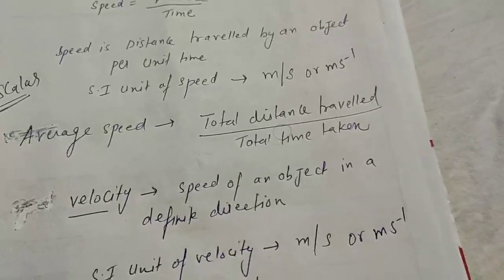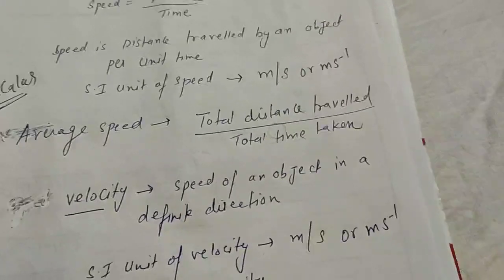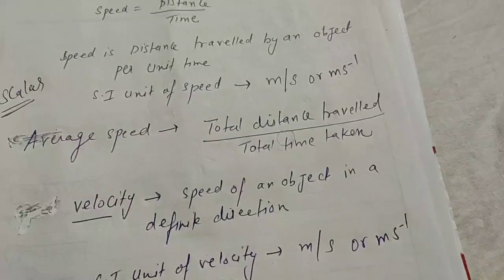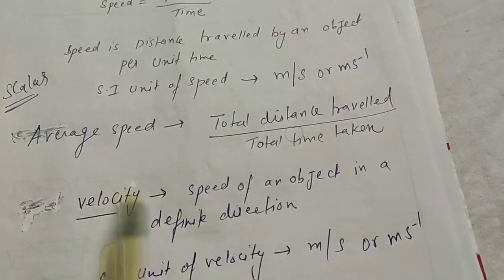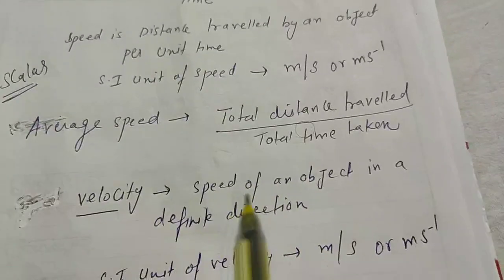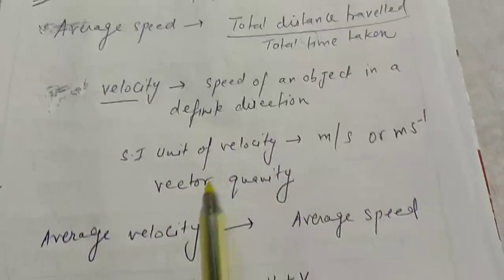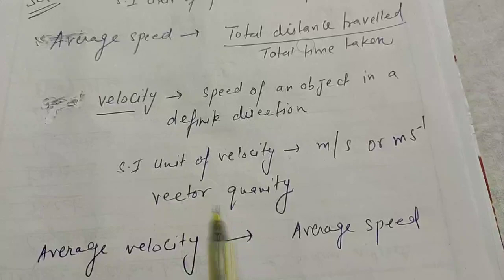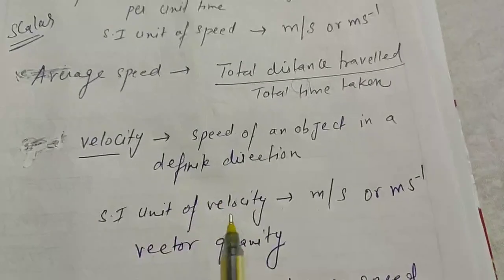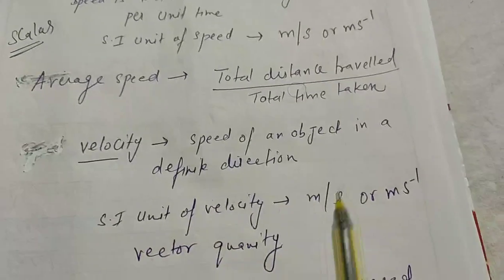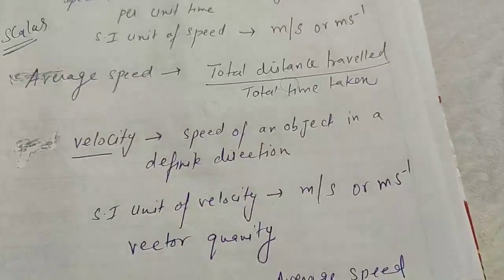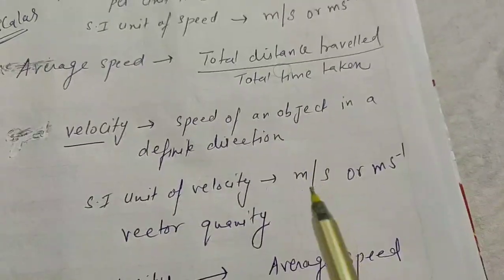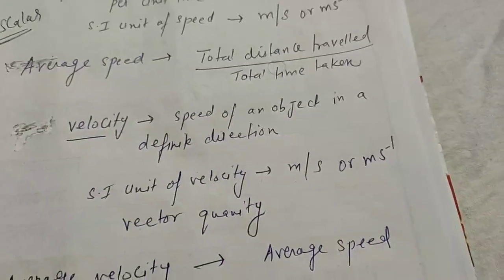If I am just specifying that it is traveling 80 km per hour, that is speed. But when it is specified with the direction also, then it is velocity. Since it specifies the direction, it is a vector quantity, and the SI unit of velocity remains the same, meter per second, because it is the total distance or displacement upon time. That means meter per second or ms minus 1.